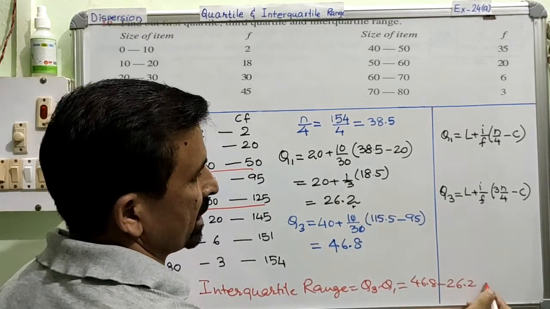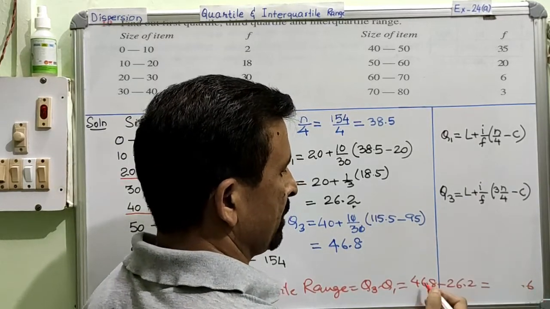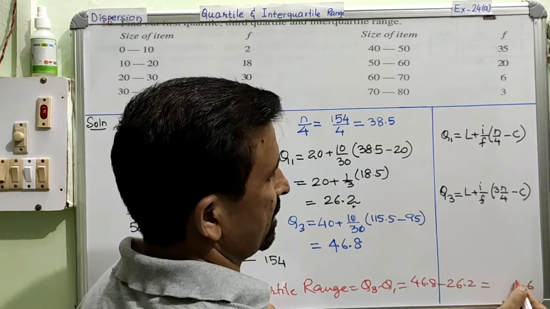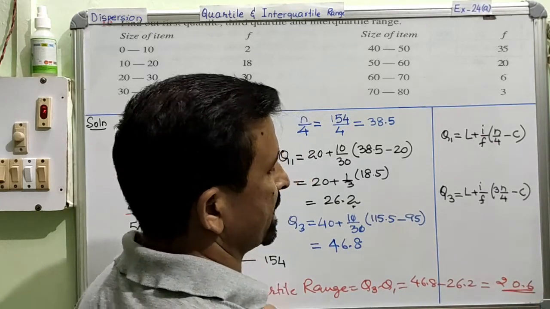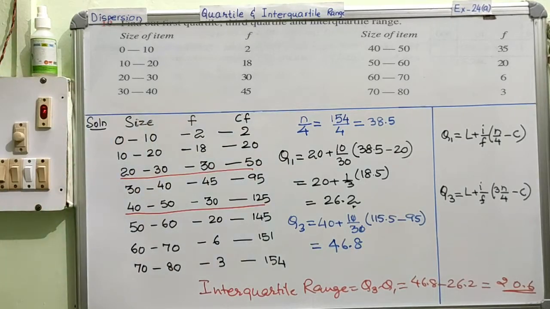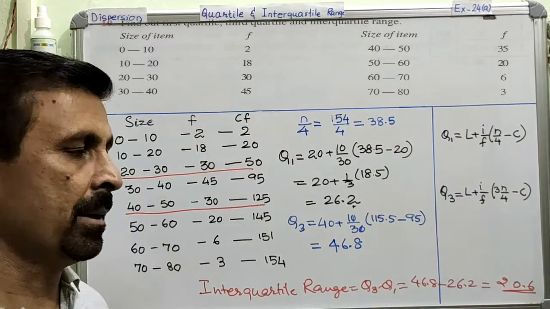What is the answer? 8 minus 2 is 6, 6 minus 6 is 0, and then this is 2. So 20.6 is your interquartile range. Am I very clear? Clear?